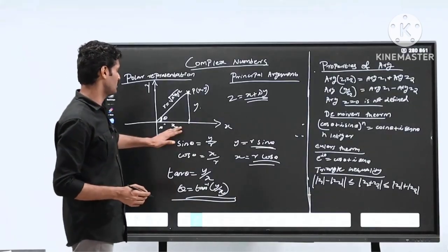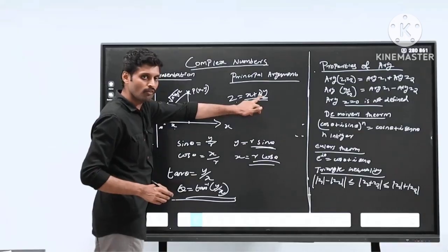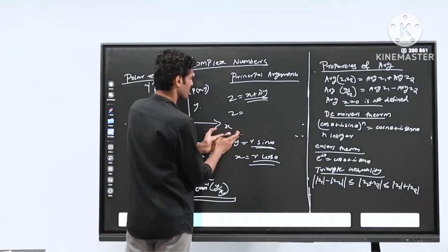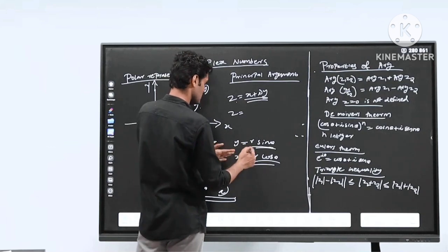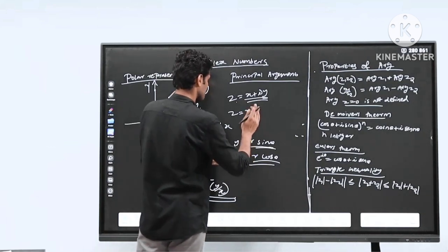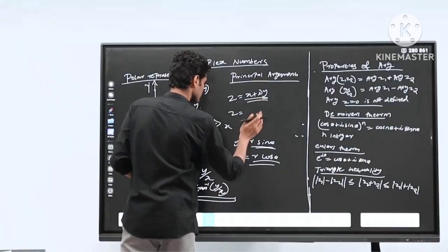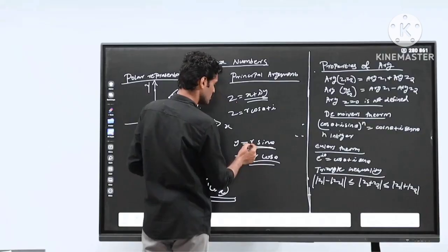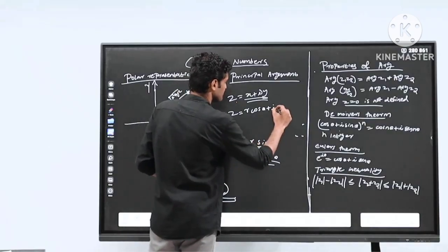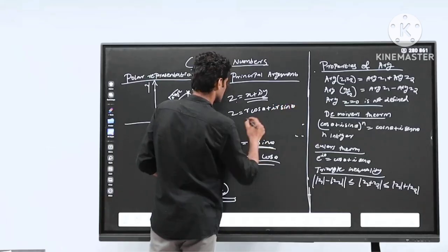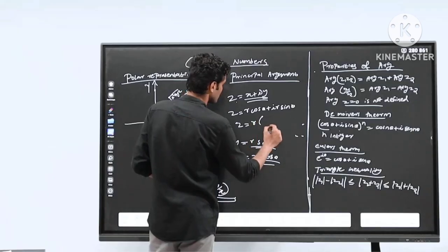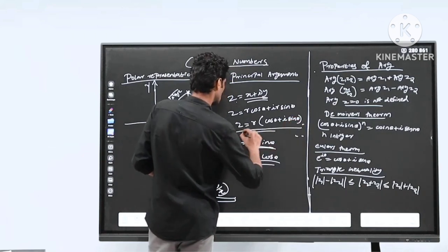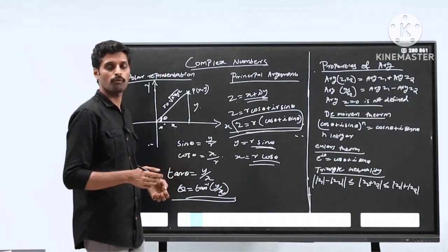So for a complex number z equal to x + iy, the polar representation will be, we can substitute the values of x and y, z equal to r cos theta + i r sine theta. We can take r as common, that is r(cos theta + i sine theta). So this is the polar representation of a complex number.